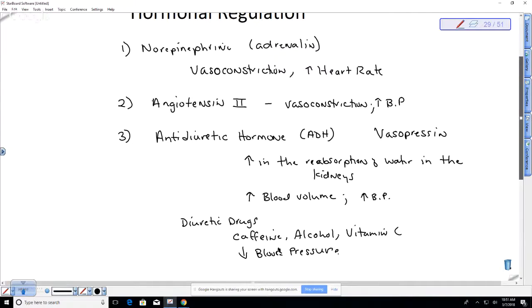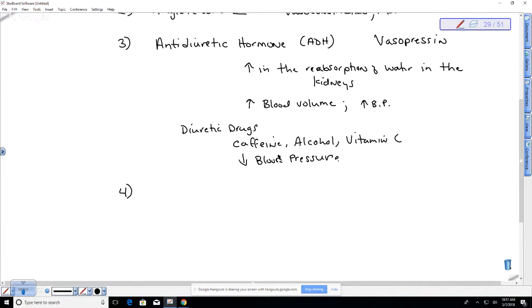Then there is one that's really interesting to me, at least, because it's produced by the atria of the heart. When we think about hormones, we think about glands. We don't really think of the atria of the heart as a gland, but it is called the ANP, which stands for atrial natriuretic dipeptide.